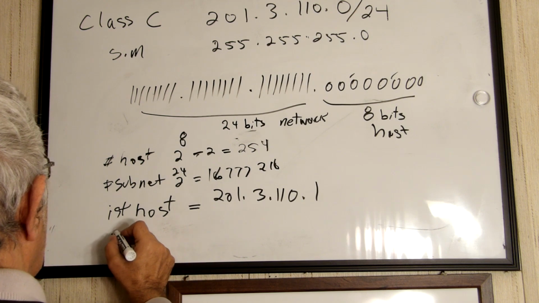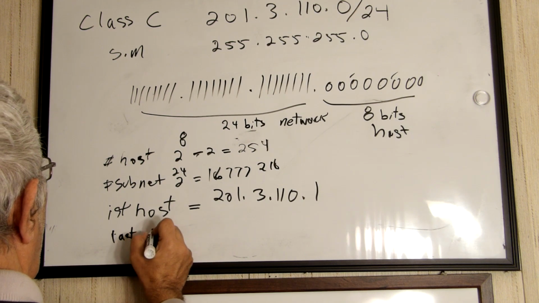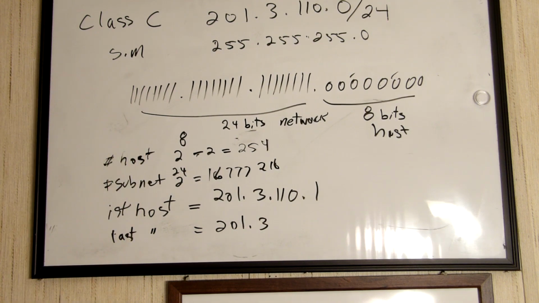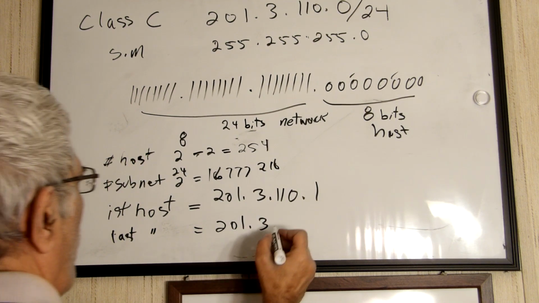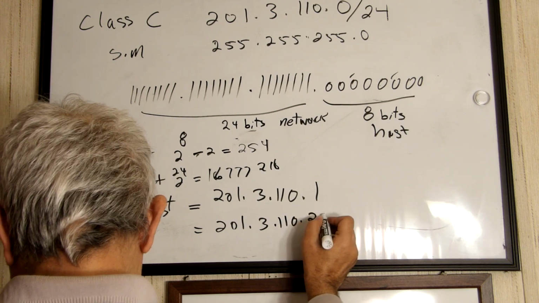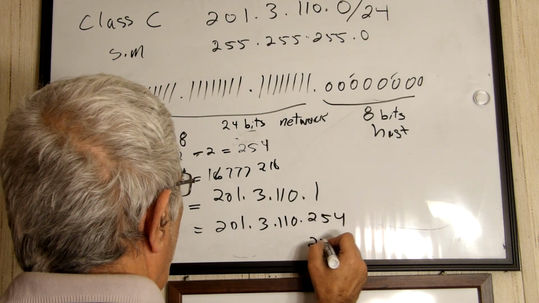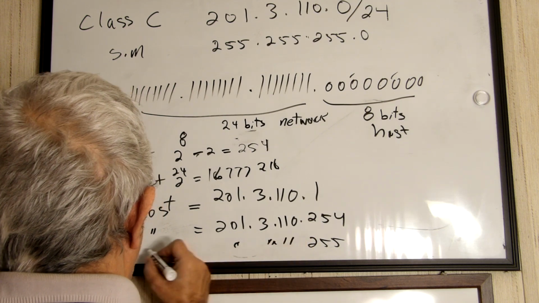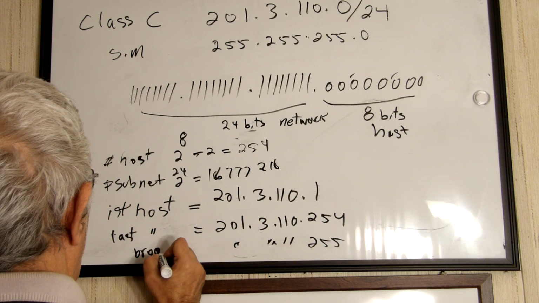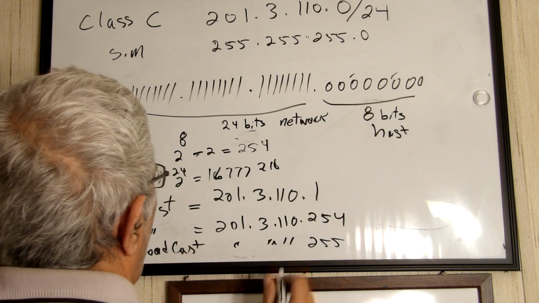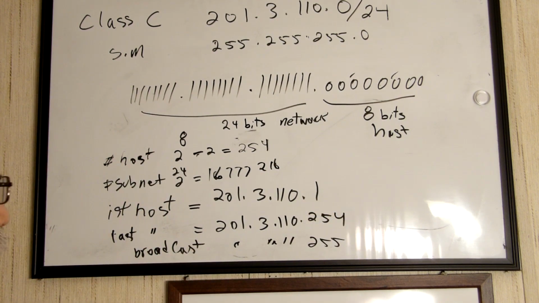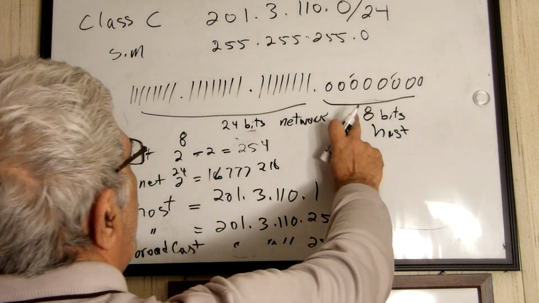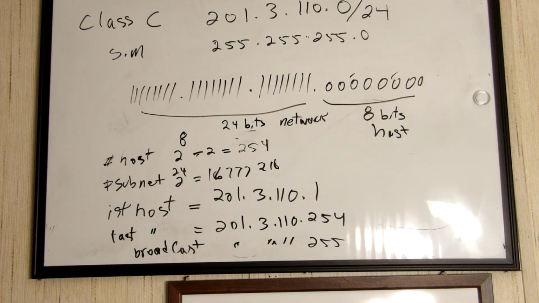The last host is going to be 201.3.110.254, and 255 is the broadcast. The same thing here for the broadcast. So there are 254 hosts you can use on this Class C network.